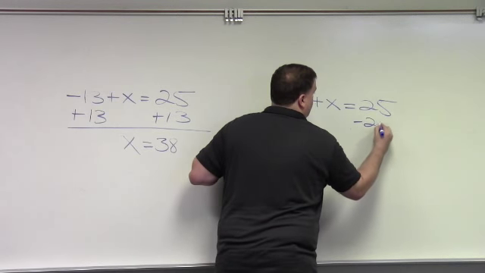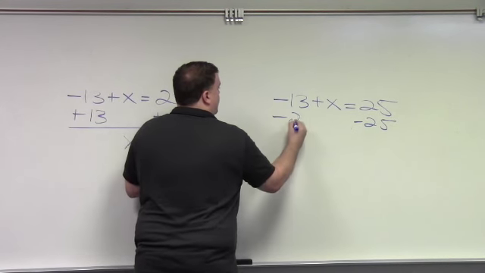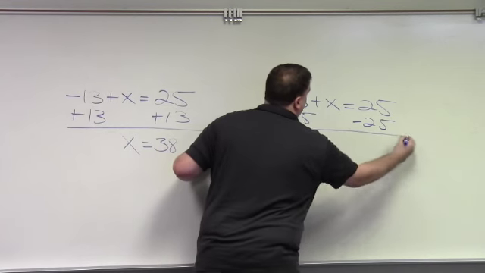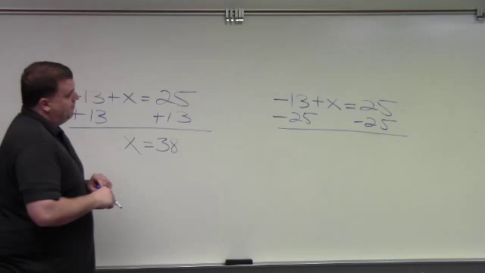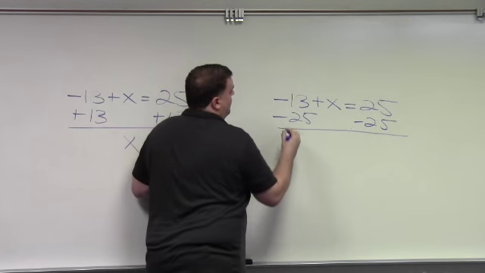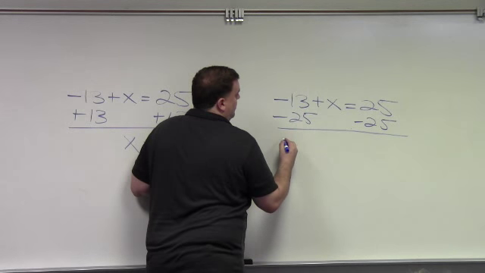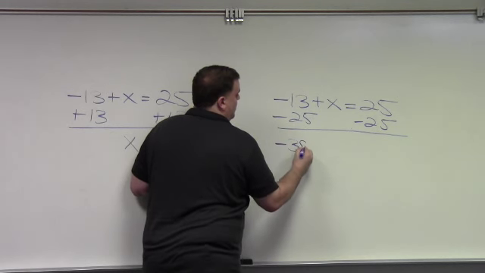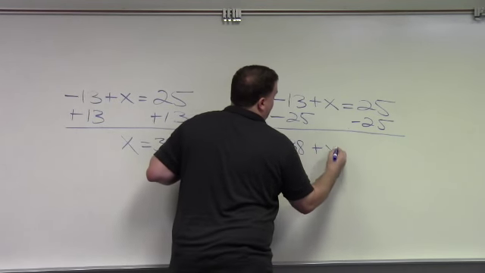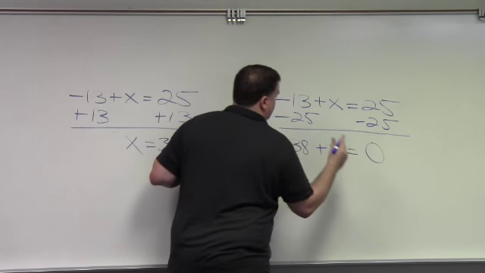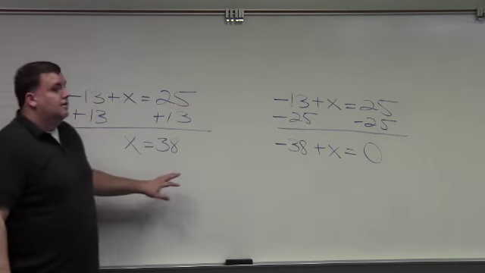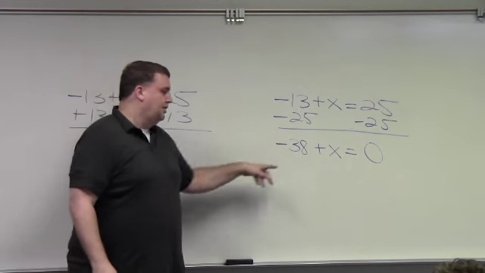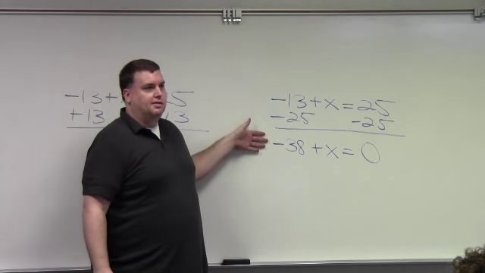So someone asked if I could subtract 25, and I end up with the same answer. So what is that going to give me on the left side? Negative 38. I still have the x there. That leaves me with 0. Yes, there's a way to get back to this, but I've created more steps for myself.